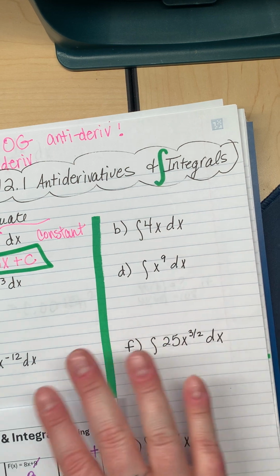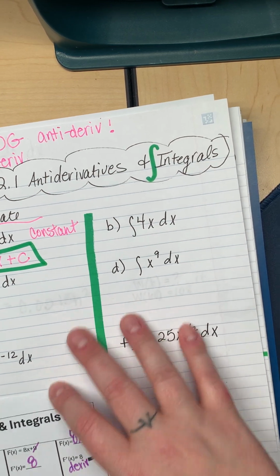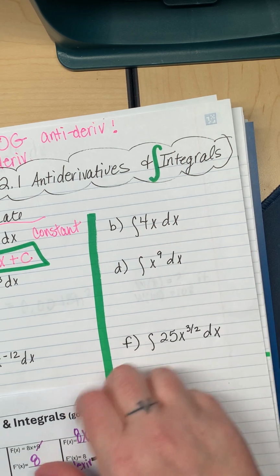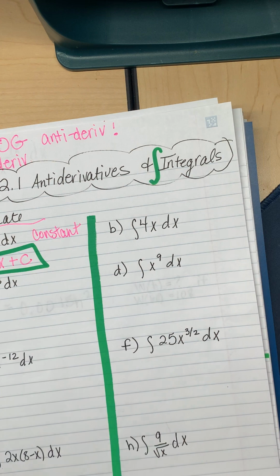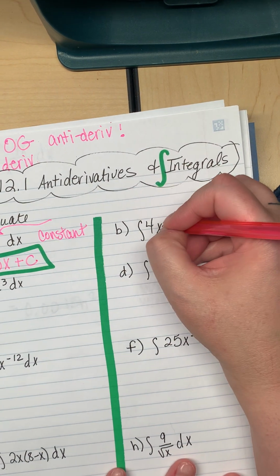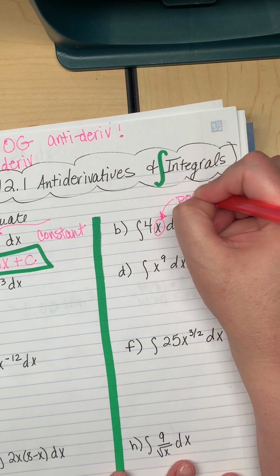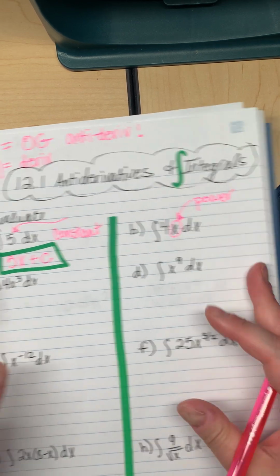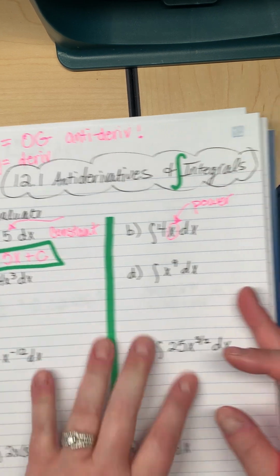Part B, since there's a number in front of the x, and since we have an x, I'm going to use the power rule. On part A, I did not have an x on that 5, so I used the constant rule.